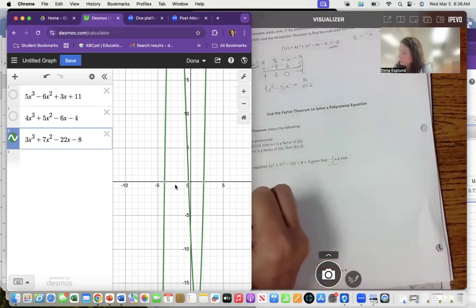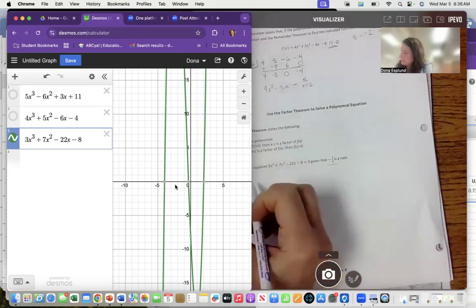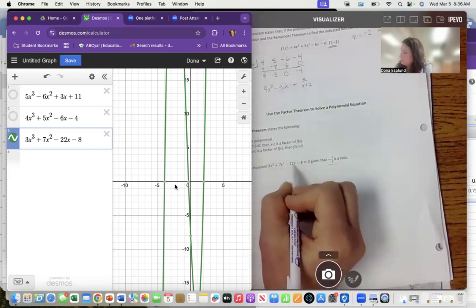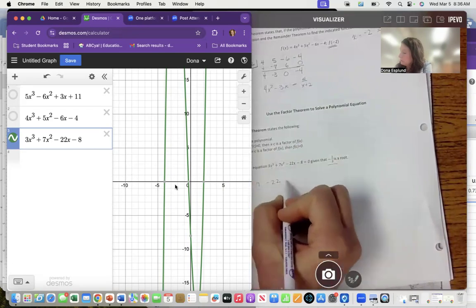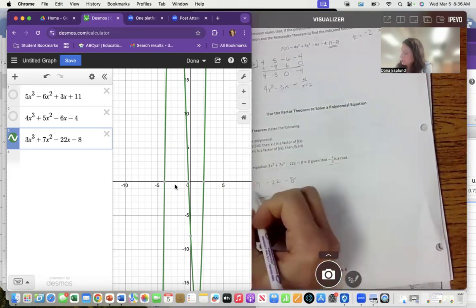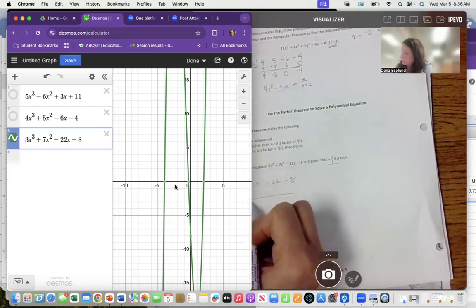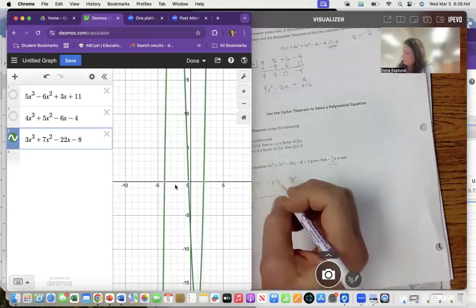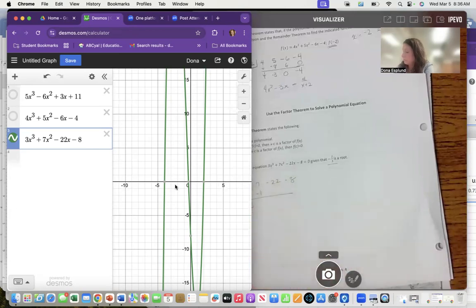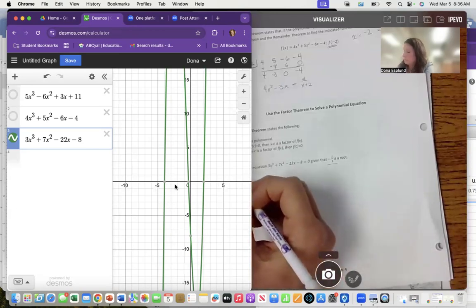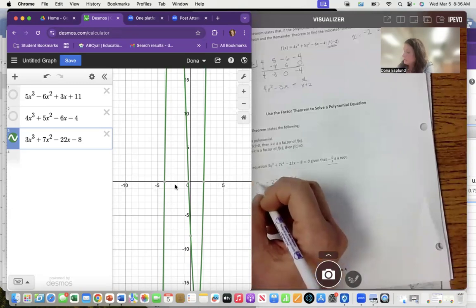So let's start with negative 1/3. In this case, I'm going to have 3, 2, 1, 0. So I have 3, 7, negative 22, negative 8. Start off by dropping my 3 down, which is 3. So 3 times negative 1/3 is actually just going to be negative 1, right? And then I have 7 minus 1.